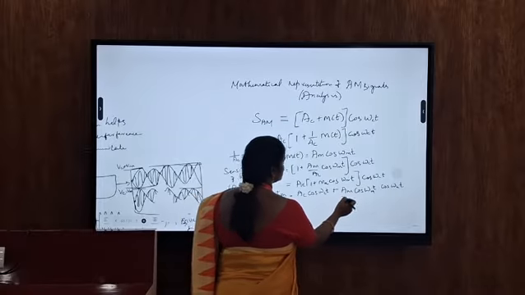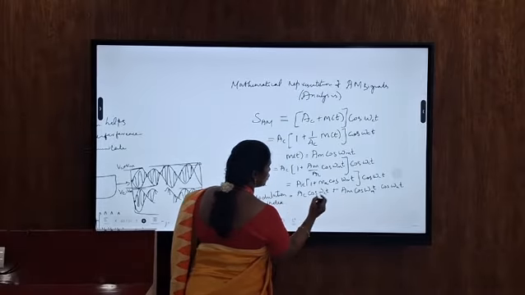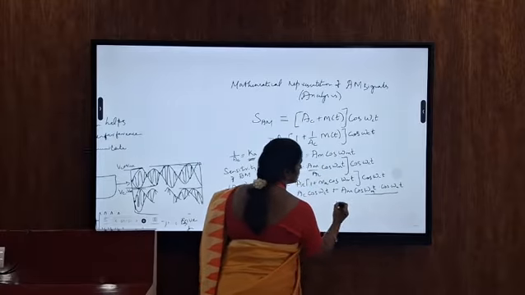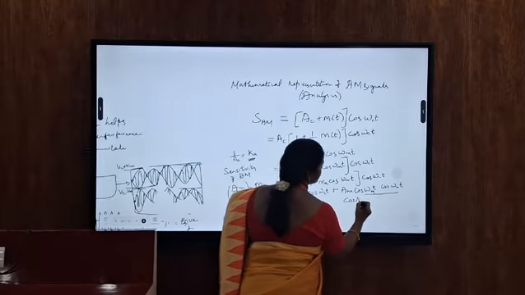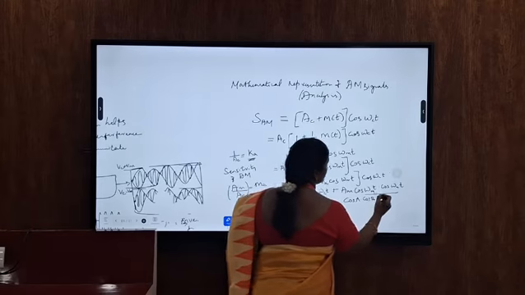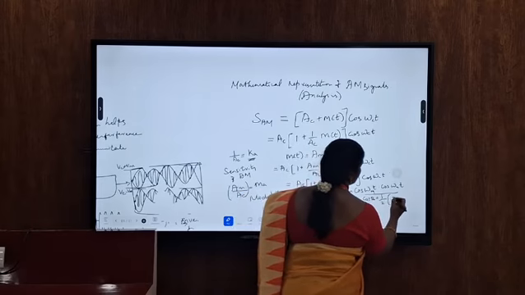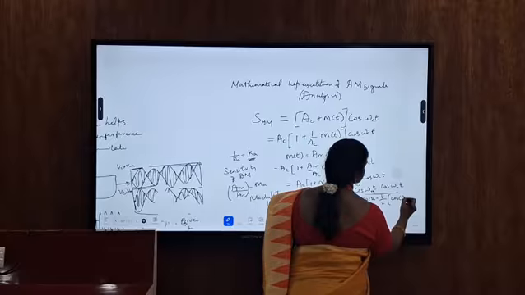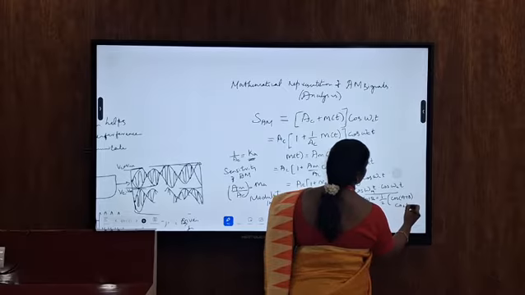Using the formula cos A cos B, which is nothing but 1 by 2 into cos of A plus B plus cos of A minus B.